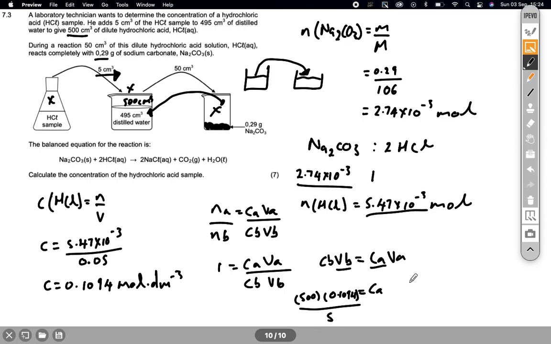So divided by 5, and then you should find that Ca is equal to 10.94 moles per decimeters cubed.